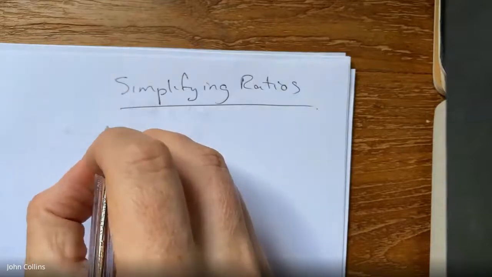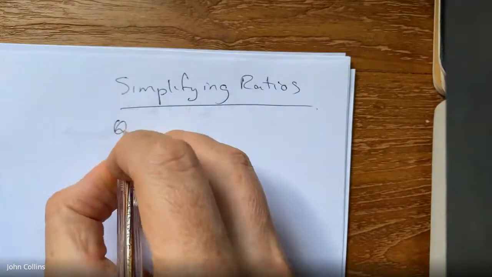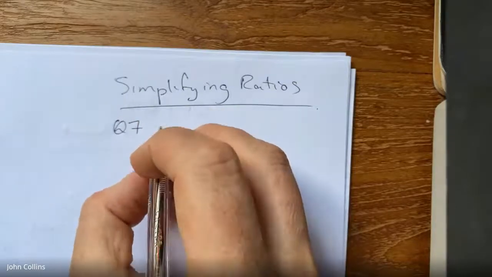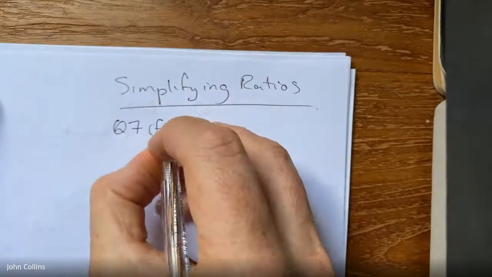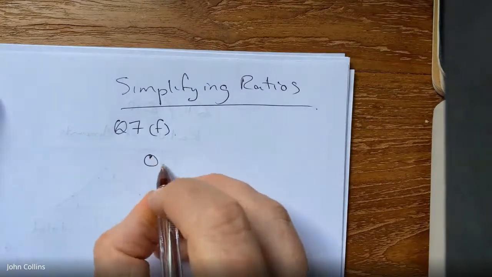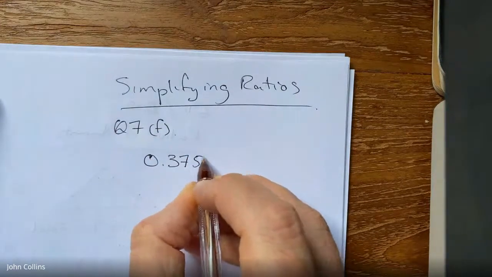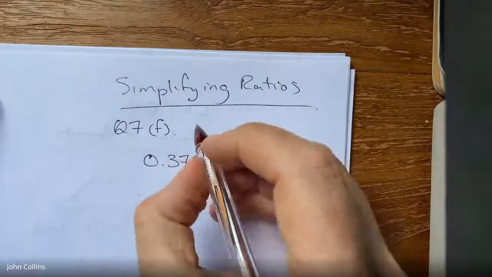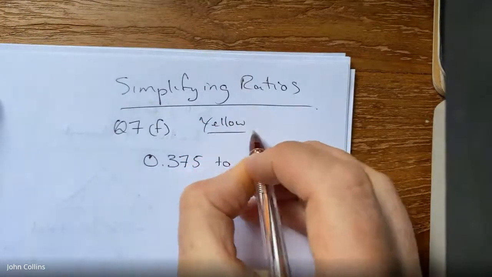The question from yellow is going to be question 7, part F, 7F on that screen. If you're not seeing it, it's 0.375 to 0.8, and we need to simplify this.